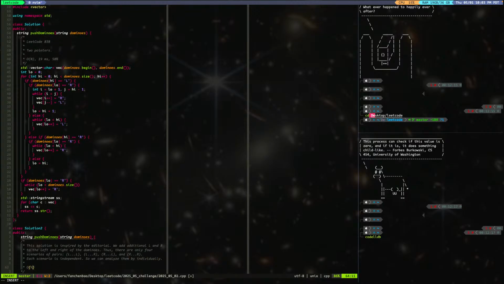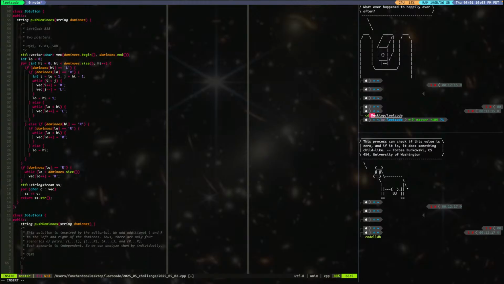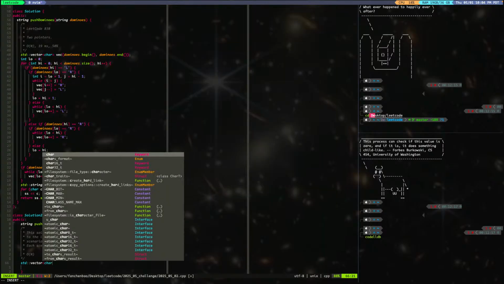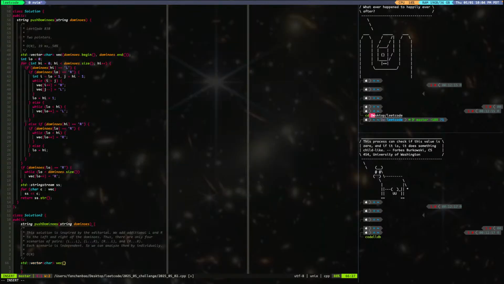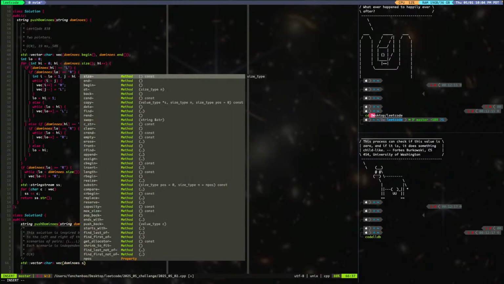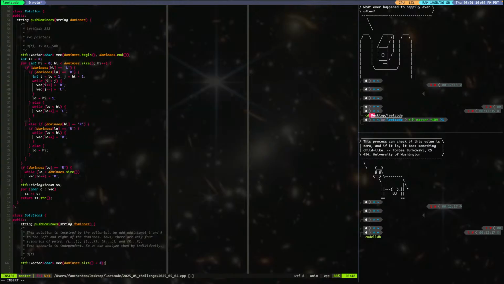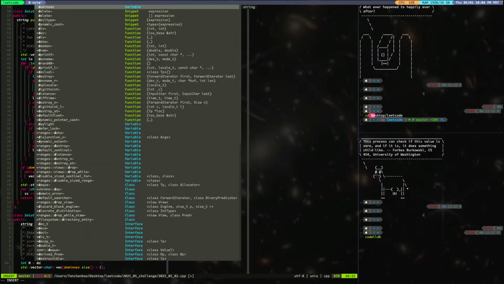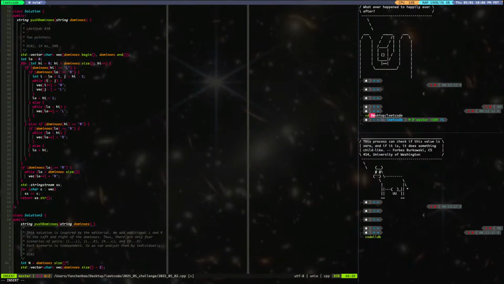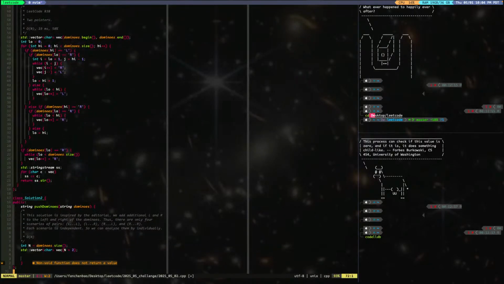Okay, so in this case, what we're gonna do is std vector char, vector char vec of size dominoes dot size plus 2. Okay, and actually let's say n equal to dominoes dot size, and here we can say this is n plus 2.